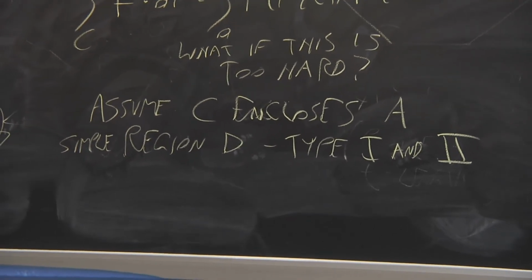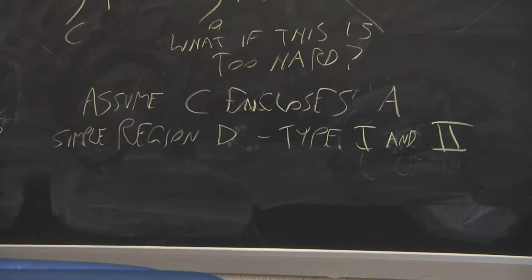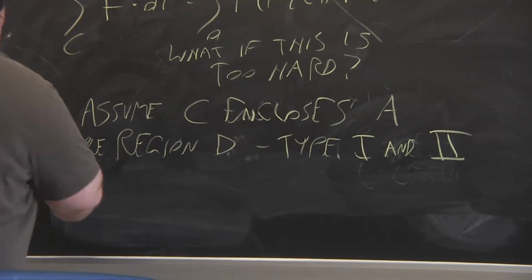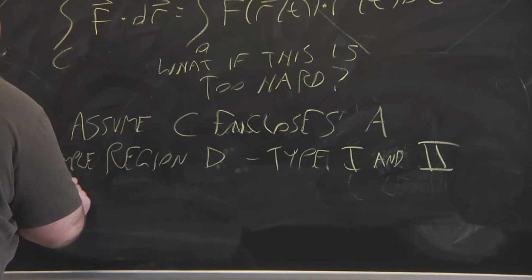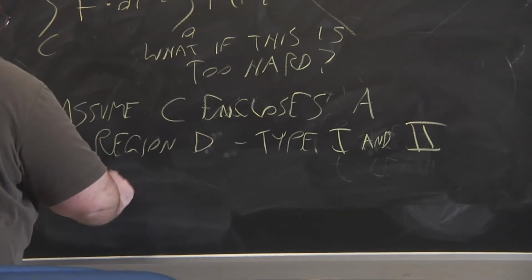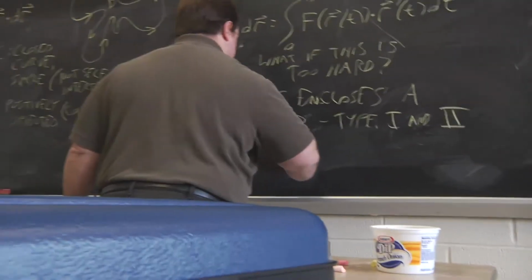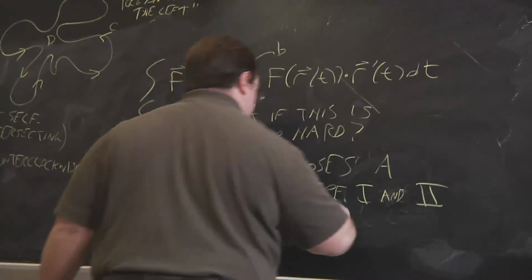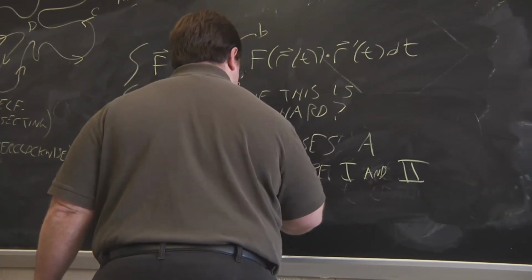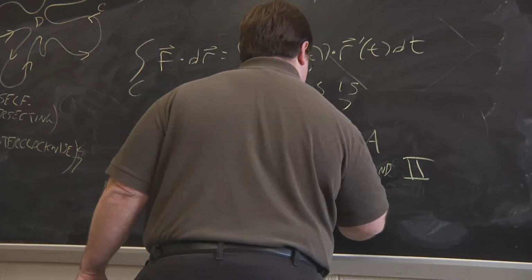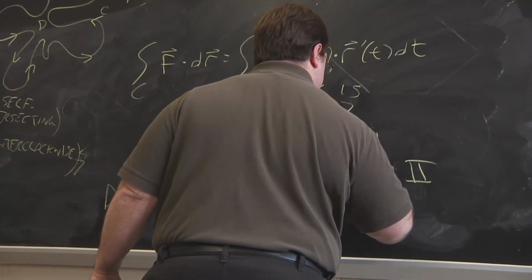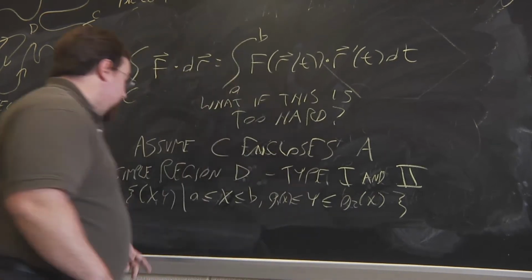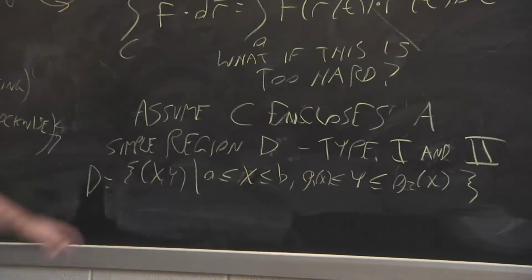Now, it's been a while since we talked about what it means for a region to be of type 1 or type 2. So to refresh your memory, we can define D this way: the set of all points such that x is between a and b, and y is bounded by two functions of x. So this is a region of type 1.